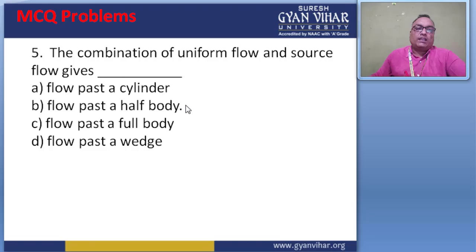Flow past a half body gives the combination of uniform flow and the source flow. So B is the correct answer for this question.